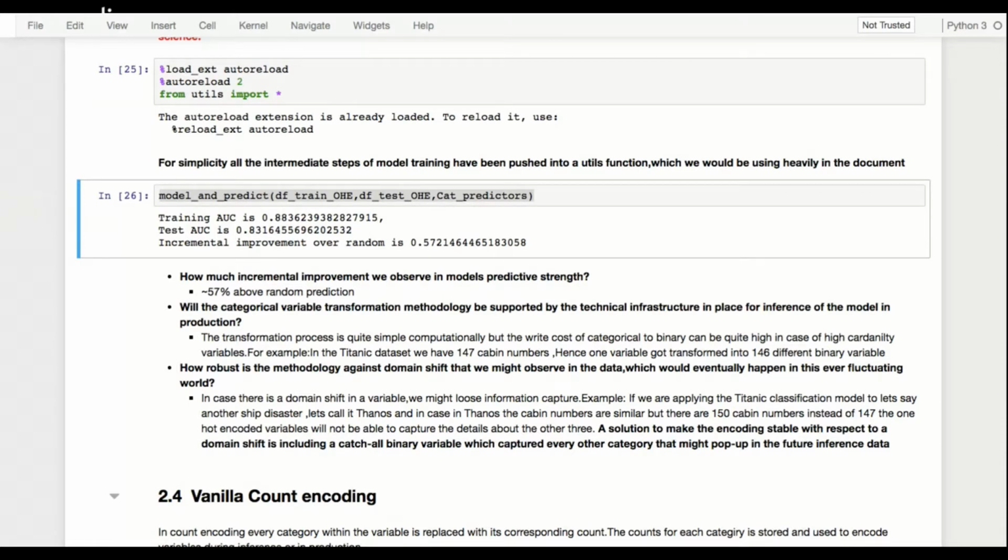The second question that we will try and answer is, how does this variable transformation methodology get supported by the technical infrastructure? Now think of this question. It again depends, right? The example that we looked at had only 3 categories: the port of embarkation, C, S, and Q. Now think of an example where there are 20 categories within a particular variable.